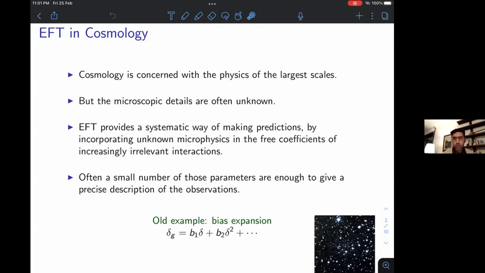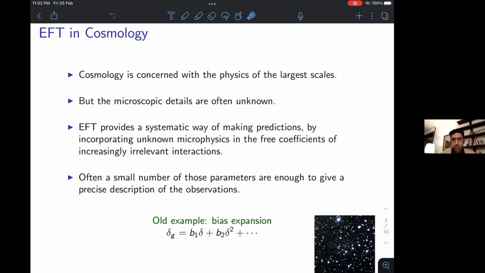So for instance, an old example is the theory of bias, when in reality we are observing the stars or galaxies in our universe. But if we are interested in the long wavelength distribution of matter, then there is a bias expansion that is very simple. When we talk about these galaxies, we don't know exactly what the underlying theory of their formation is.